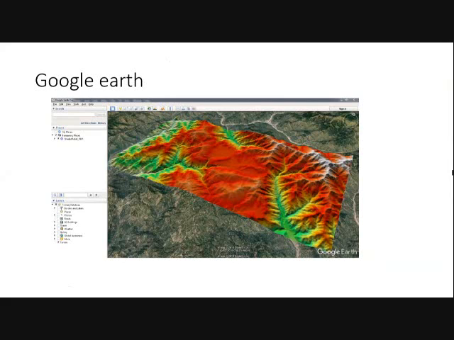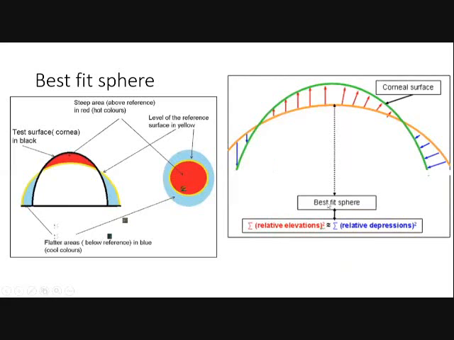Now consider this one. This is Google Map, and you can see that it has been color coded. You see the heights of the mountains have red color, while the valleys in between have green color. Similarly, we want to draw the corneal topography, and this is the concept of best fit sphere.